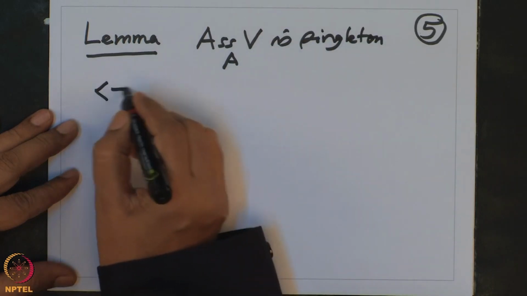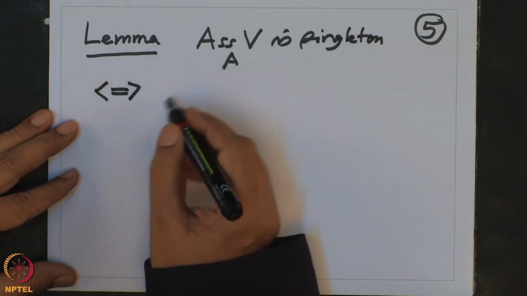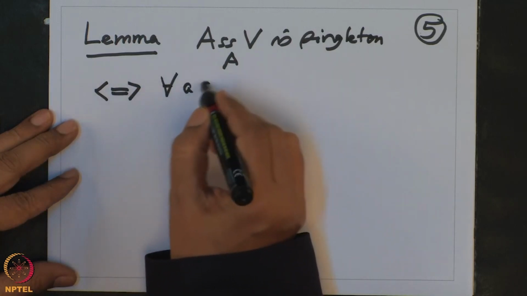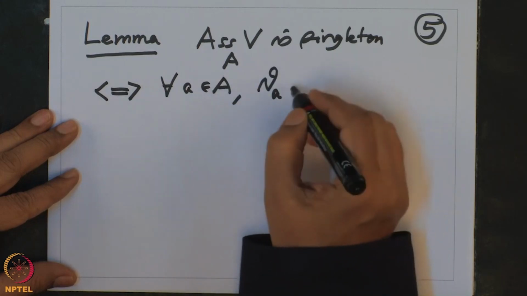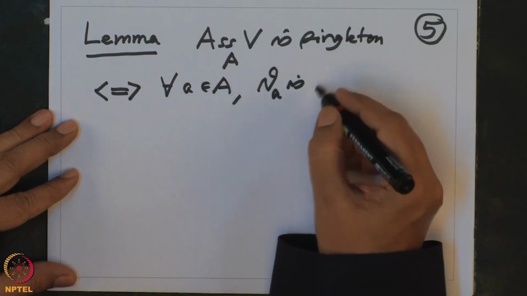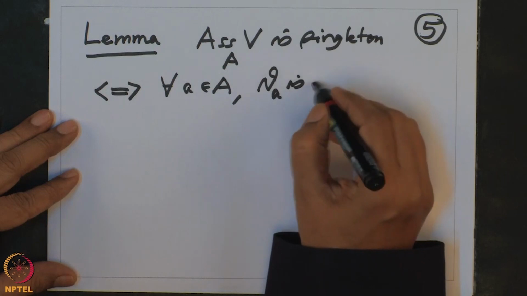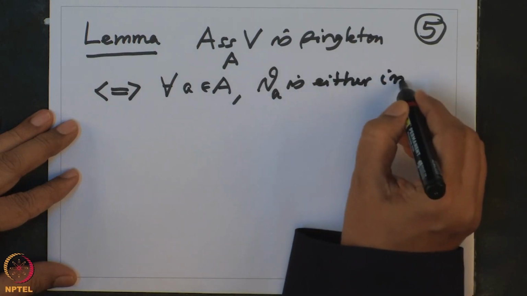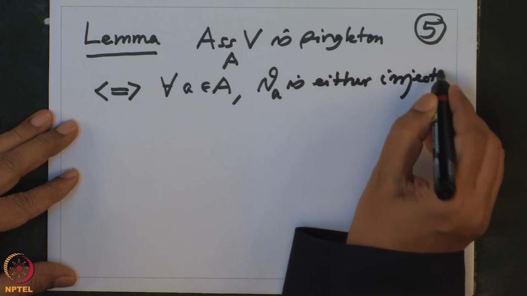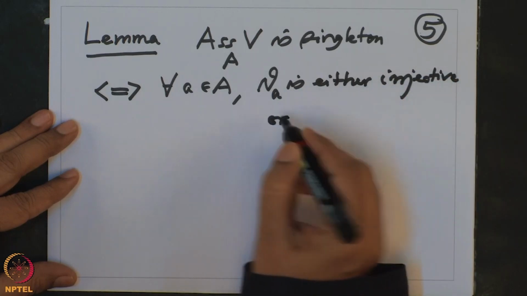That is equivalent to saying for all a in A, the homothety is either injective or nilpotent.